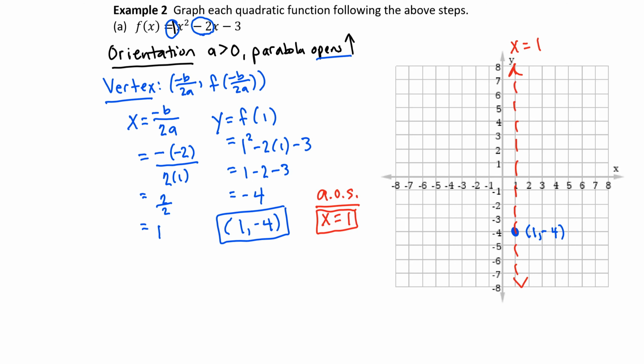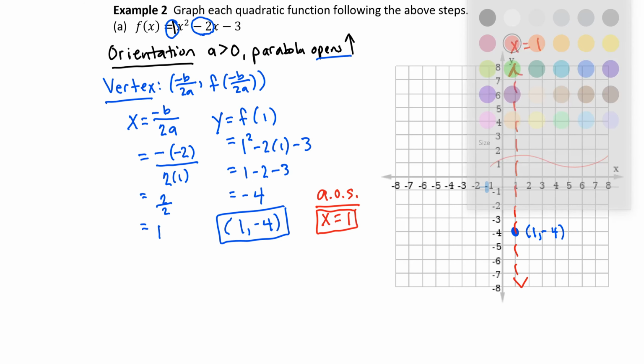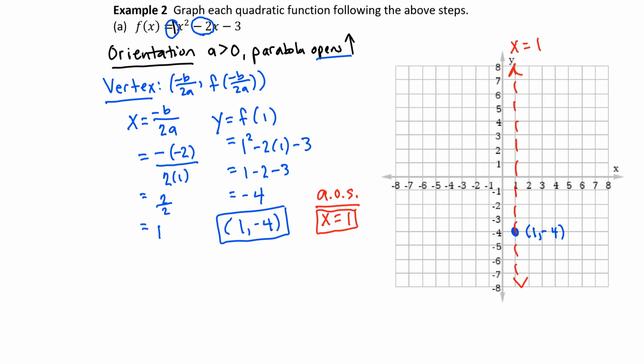Now, let's go ahead and move on to our y-intercept. The y-intercept is very easy to find. Here's the long way to do it. To find the y-intercept, we set x equal to 0. Let me write that a little more clearly. Set x equal to 0. So on the left side of our function, we have f of x, but we know that's the same thing as y. So I'm going to go ahead and write that as a y.